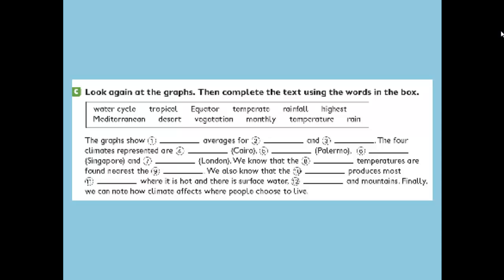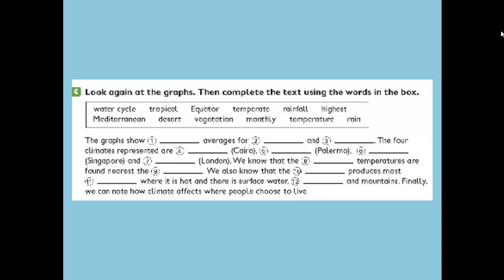I want to read it again to comprehend it. The graphs show monthly averages for temperature and rainfall. The 4 climates represented are desert in Cairo, Mediterranean in Palermo, tropical in Singapore, and temperate in London.